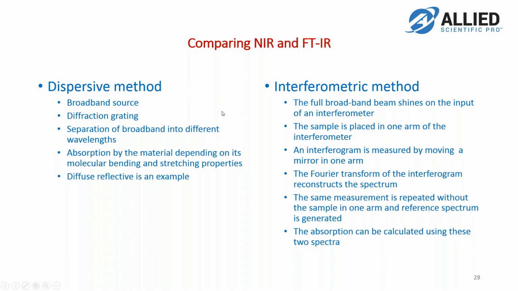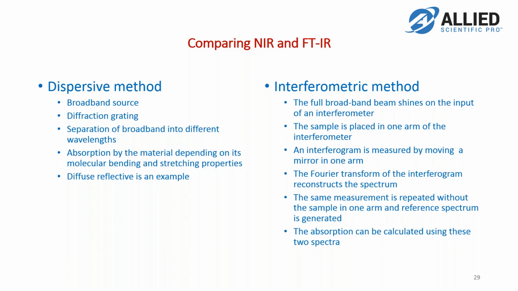It uses a broadband source and a diffraction grating that separates the broadband into different wavelengths, and then the material absorbs certain wavelengths depending on its molecular bending and stretching properties. The diffuse reflective model that I showed you is an example of this dispersive method, because it measures the reflectance, and then from there it calculates the absorbance.